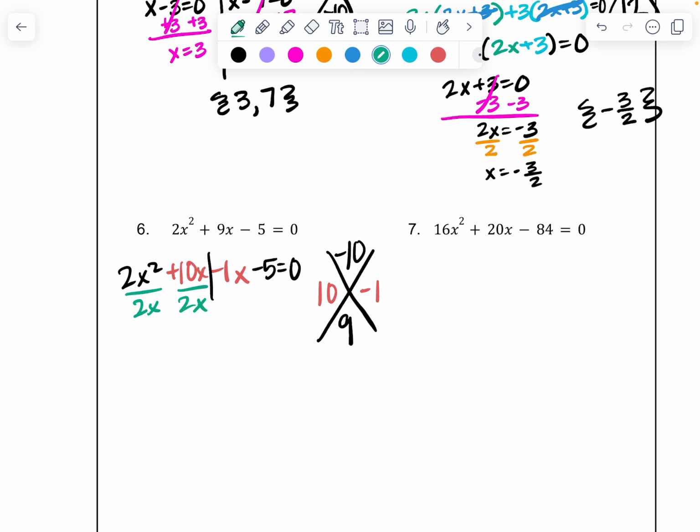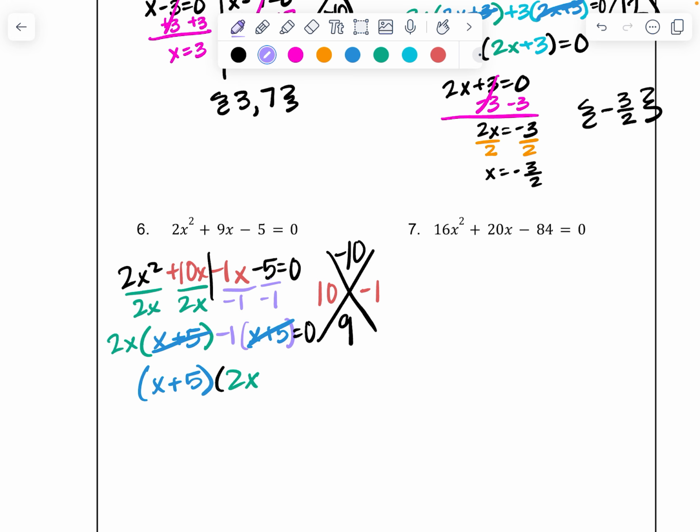GCF is 2x, x plus 5. Negative 5 divided by 5 is negative 1. x plus 5. So my factored quadratic is x plus 5 times 2x minus 1 equals 0.